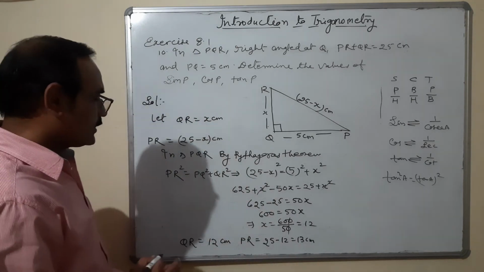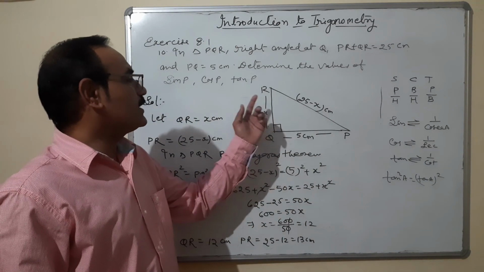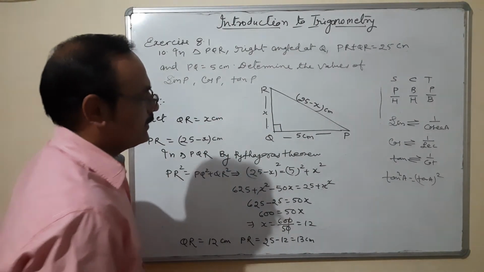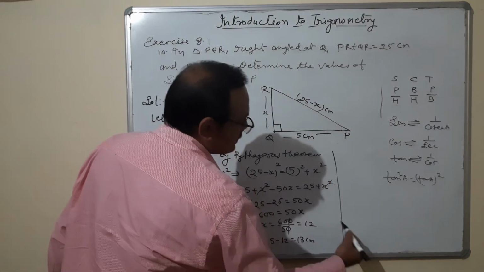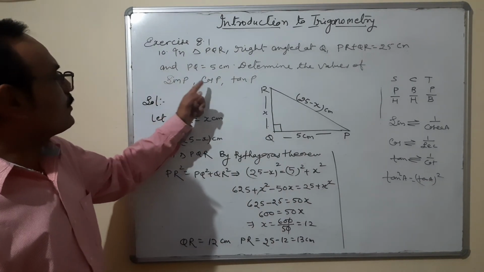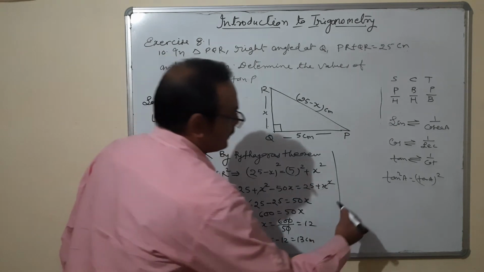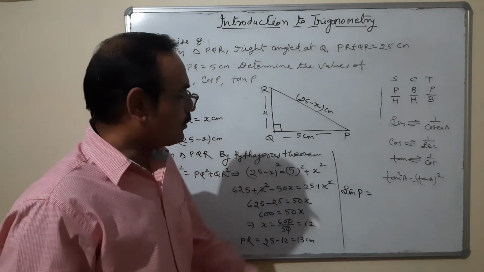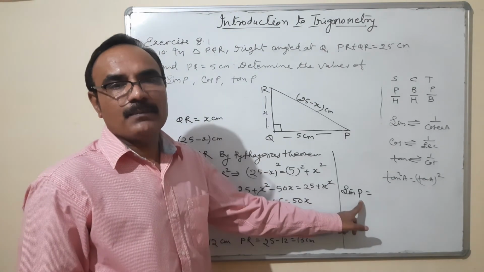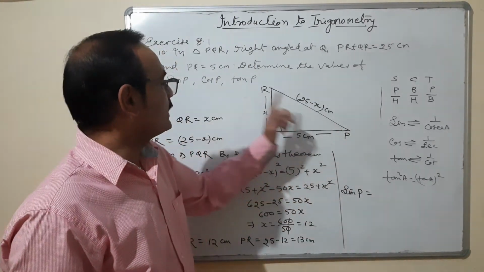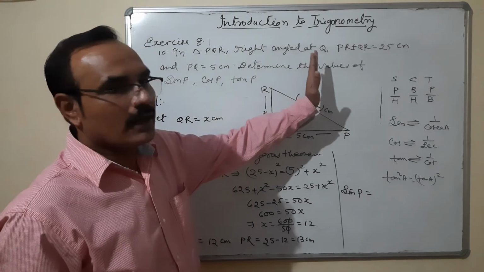So now we have all three sides: 5 centimeter, 12 centimeter and 13 centimeter. After that we are finding the value of sin P, cos P and tan P. Sin P: consider the angle P, the opposite of P is the perpendicular.